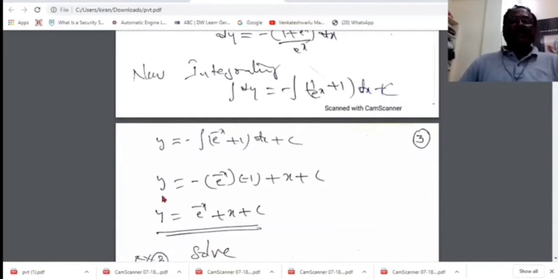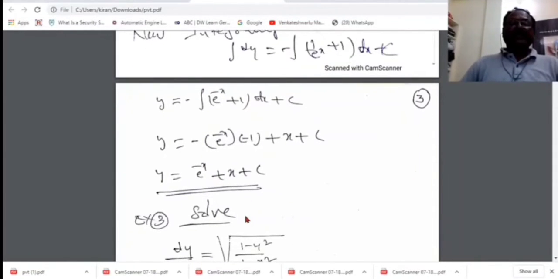That is y is equal to minus of e power minus x into minus 1 plus 1 integration x plus c. So minus of minus here is plus, so y is equal to e power minus x plus x plus c. This is the required solution.